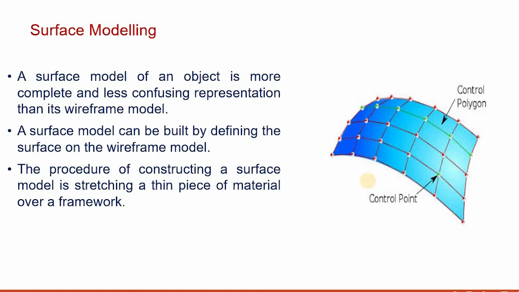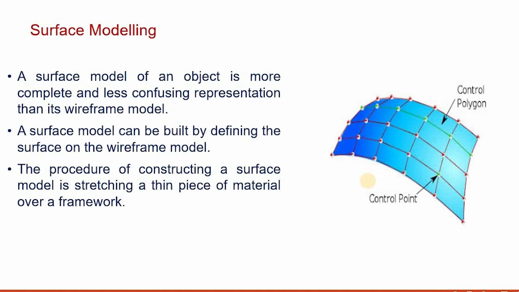Another one is surface modeling. The another type of modeling is called surface modeling. What is surface modeling? A surface model of an object is a more complete and less confusing representation than its wireframe model. Compared to the wireframe model, the object is complete and gives a less confusing representation.